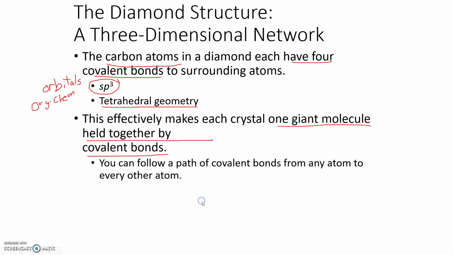Here you have the diamond structure. The diamond structure is made by a tetrahedral geometry where the atoms have sp3 orbitals that you will study in organic chemistry. And they make together a very big molecule that is held together by covalent bonds.